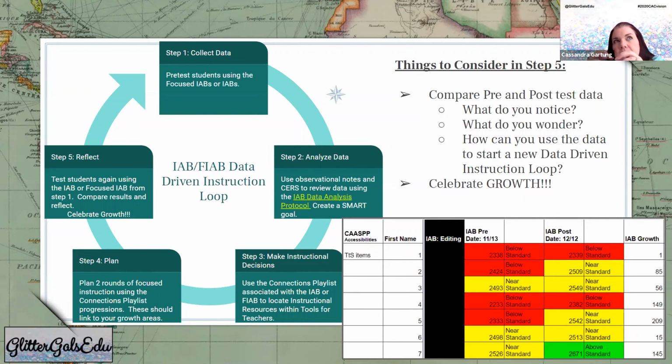And it's dependent on the item types that are released within the IABs and how much each of those item types is worth as well. So I don't have exact cut points, because it's all going to be different depending on each IAB and how Smarter Balanced composed those IABs. But there are specific cut points for the summative tests that relate to the ICA.